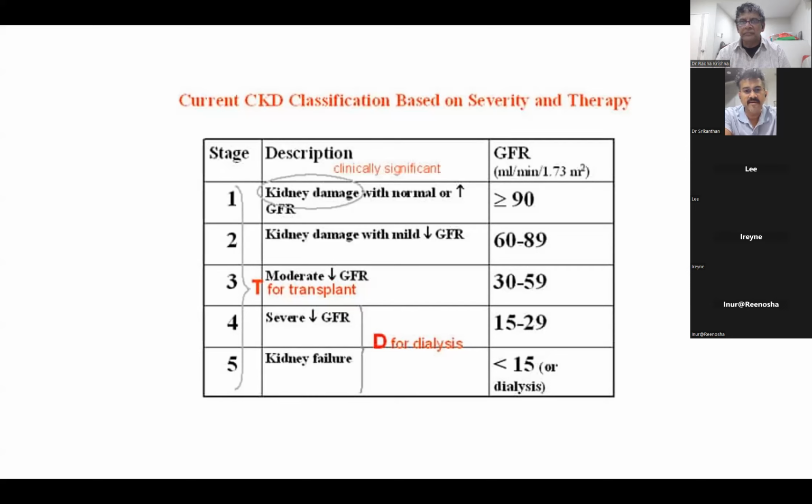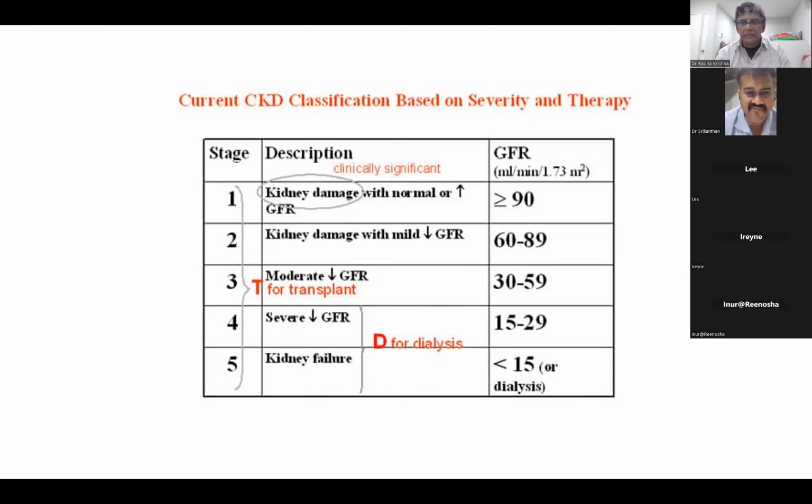The third stage is a moderate decrease of GFR, that is 30 to 59 mL per minute. Severe or reduced GFR is at the level of 15 to 29 mL per minute. And stage 5 is kidney failure. Those people have a GFR of less than 15 mL per minute.